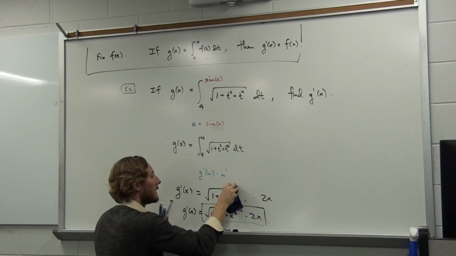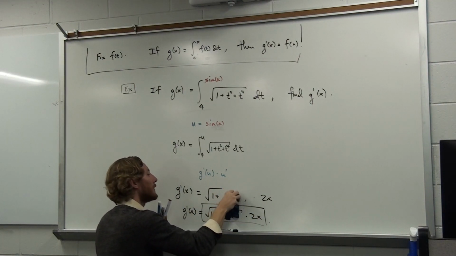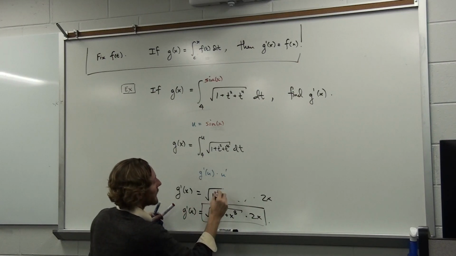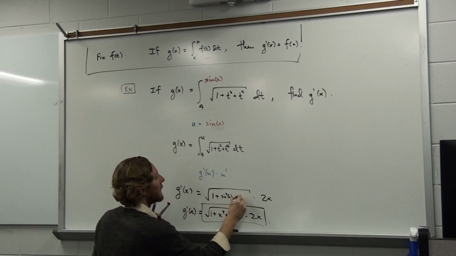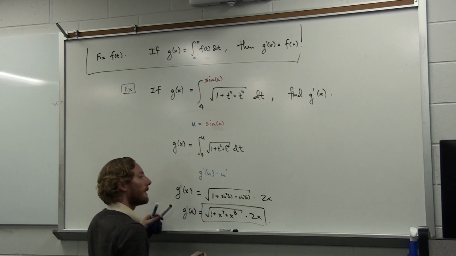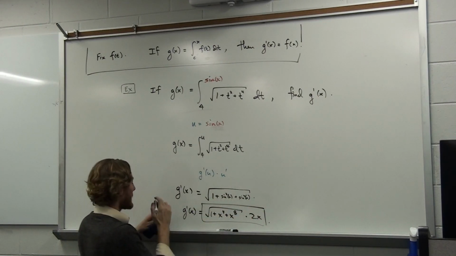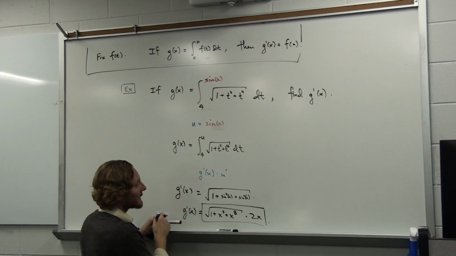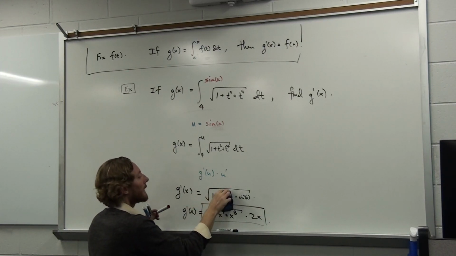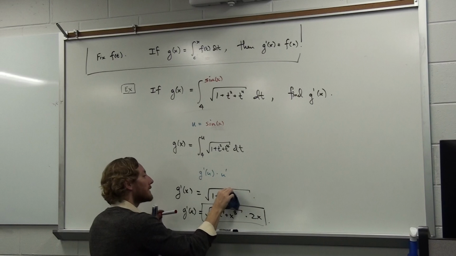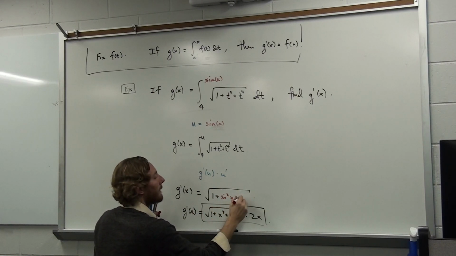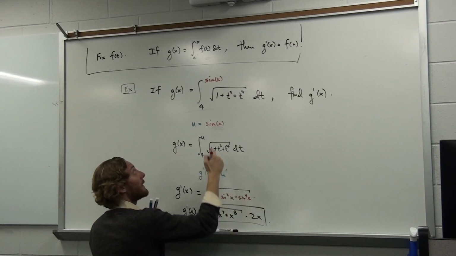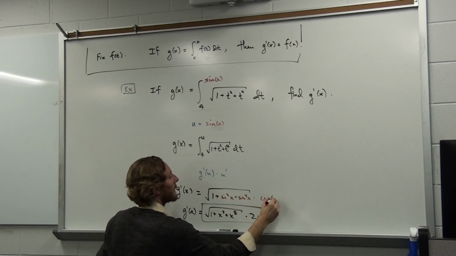So g prime of u, the original function with u plugged in, is going to be the square root of sine squared plus sine to the 4th. Now, you multiply by u prime, which in this case is not going to be 2x like it was. U prime is going to be the derivative of u, which is cosine x.